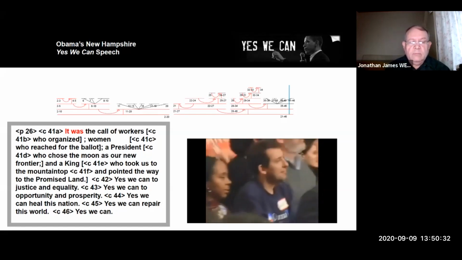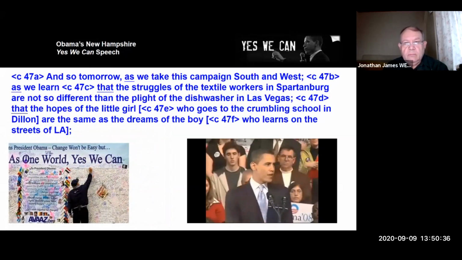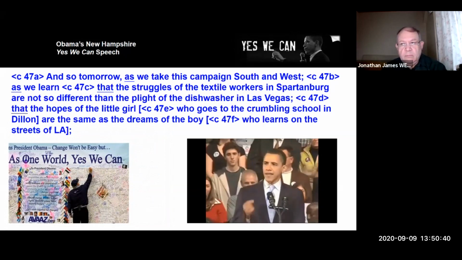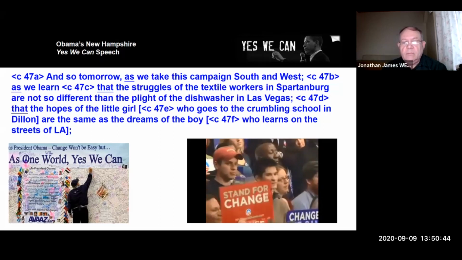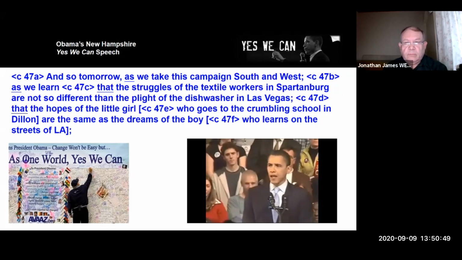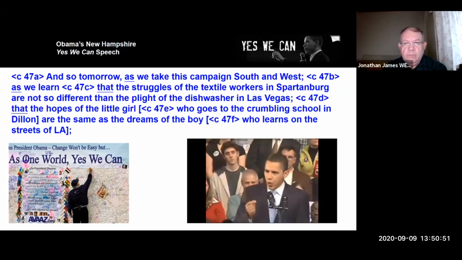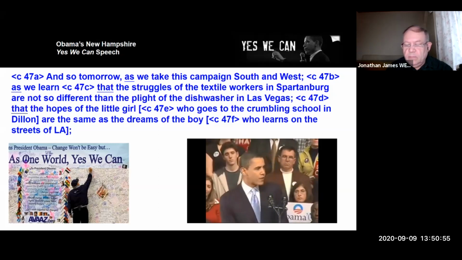Yes, we can. And so tomorrow, as we take the campaign south and west, as we learn that the struggles of the textile workers in Spartanburg are not so different than the plight of the dishwasher in Las Vegas, that the hopes of the little girl who goes to the crumbling school in Dillon are the same as the dreams of the boy who learns on the streets of LA.